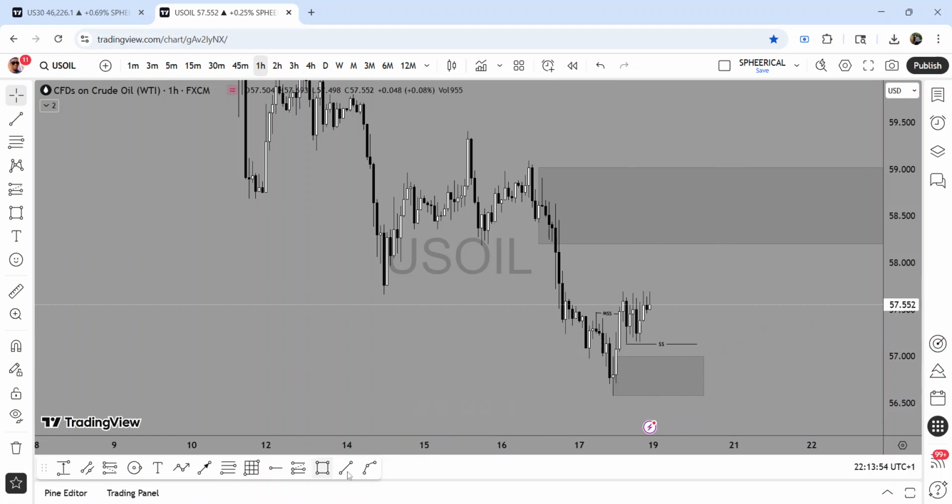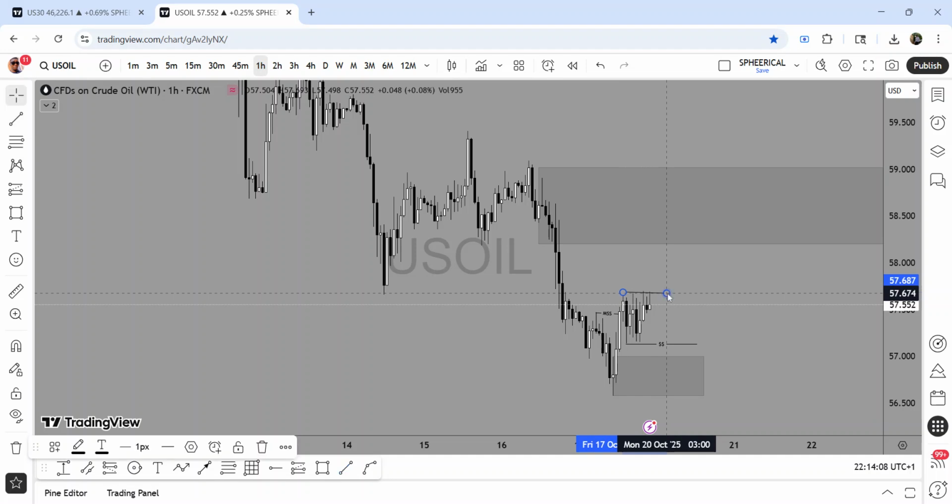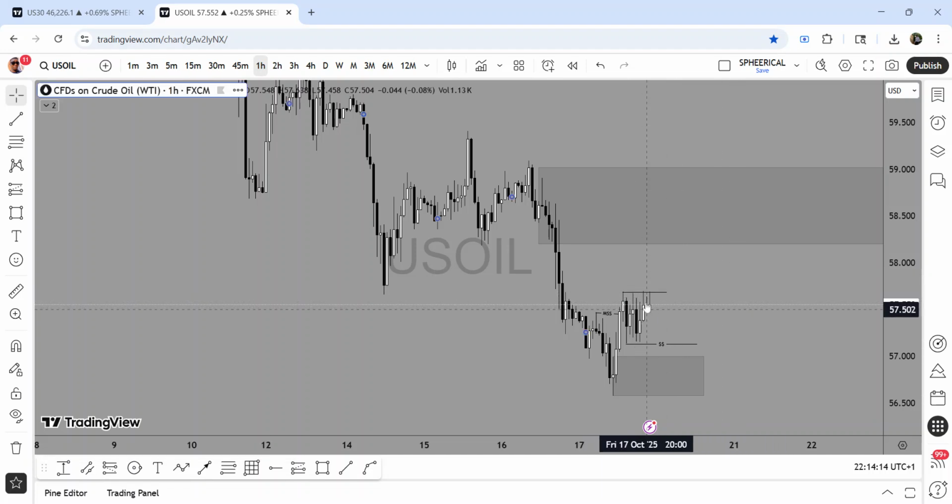And if we can also see, we know that what is about to happen here is turtle soup concepts. People that know about turtle soup concepts, but I don't want to be teaching you about the turtle soup concepts. It's actually a liquidity sweep concept. So you see it, there's been accumulation here.